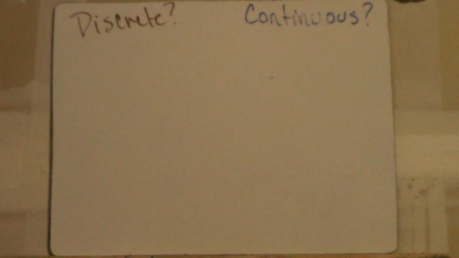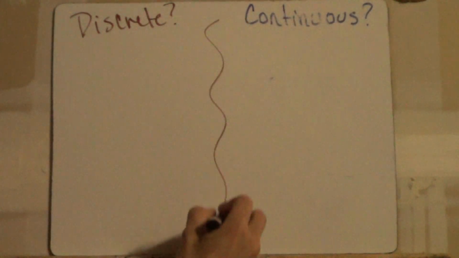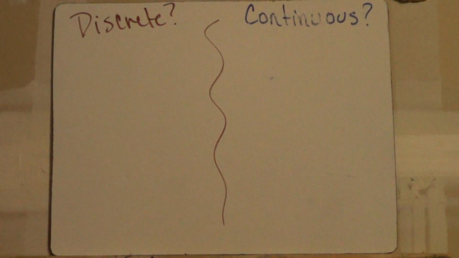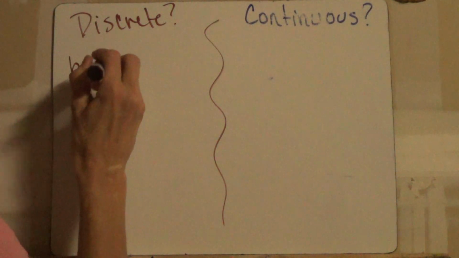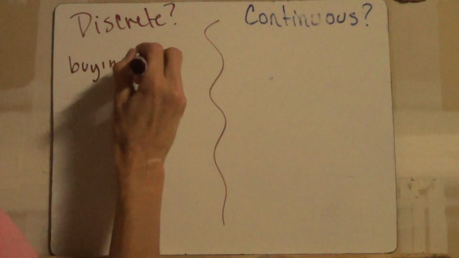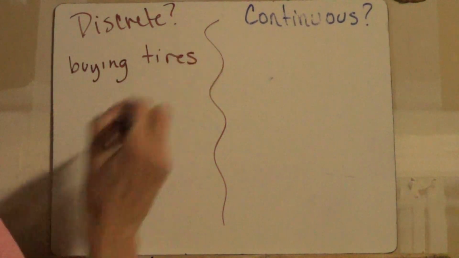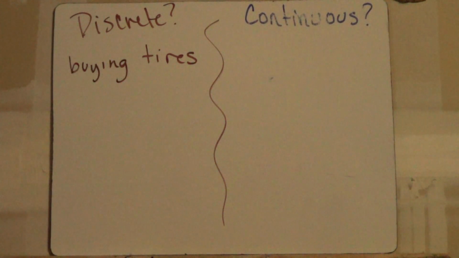So this brings us to the last thing here. I want you to be able to look at different scenarios in life and tell me whether they're discrete or continuous. If I go to the store and I'm buying tires, they're not going to sell me a half a tire. I'm not going to have a number in between. So buying tires. Now, here's one that could be either one.